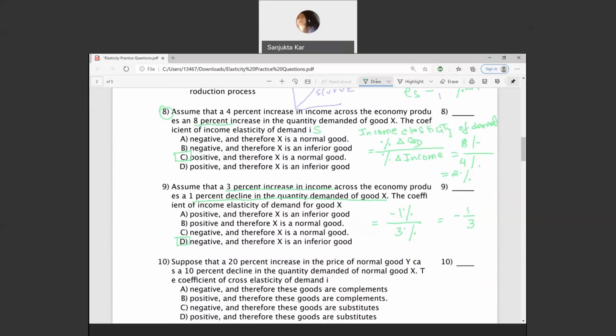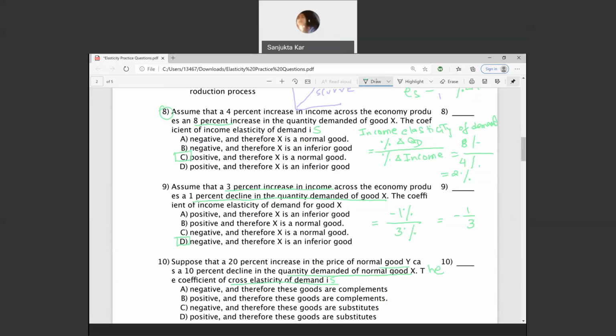Now question number 10. There is a 20% increase in the price of normal good Y and a 10% decrease in the quantity demanded of normal good X. The coefficient of cross price elasticity is how much? Let me write down the formula for cross price elasticity of demand.